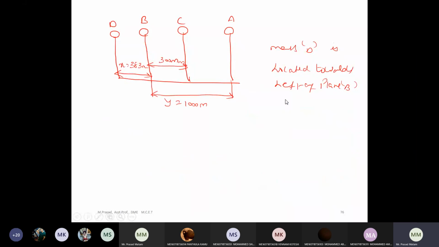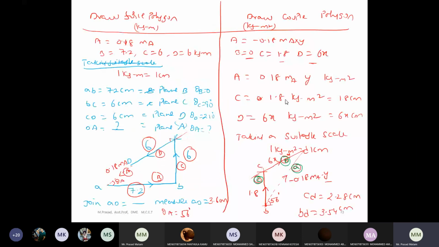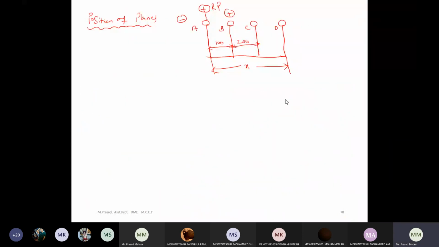This is the position of planes I have drawn here. Let me go for the position of masses. How to draw the position of masses?